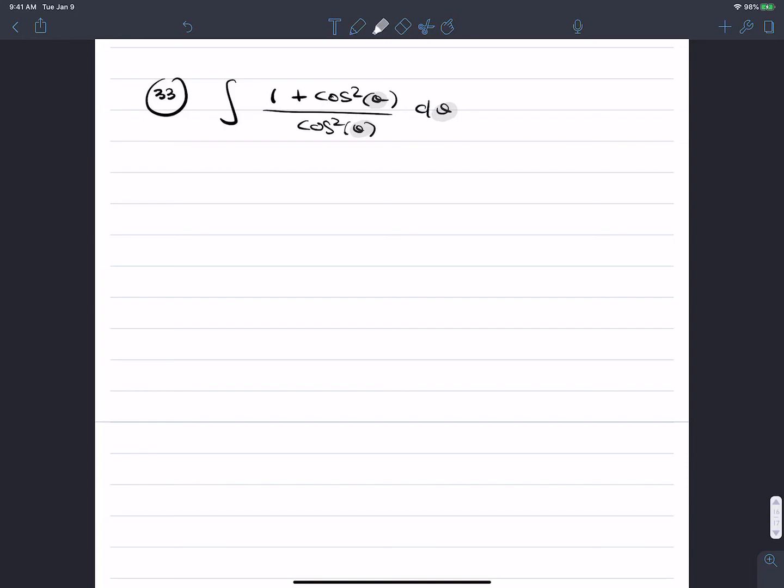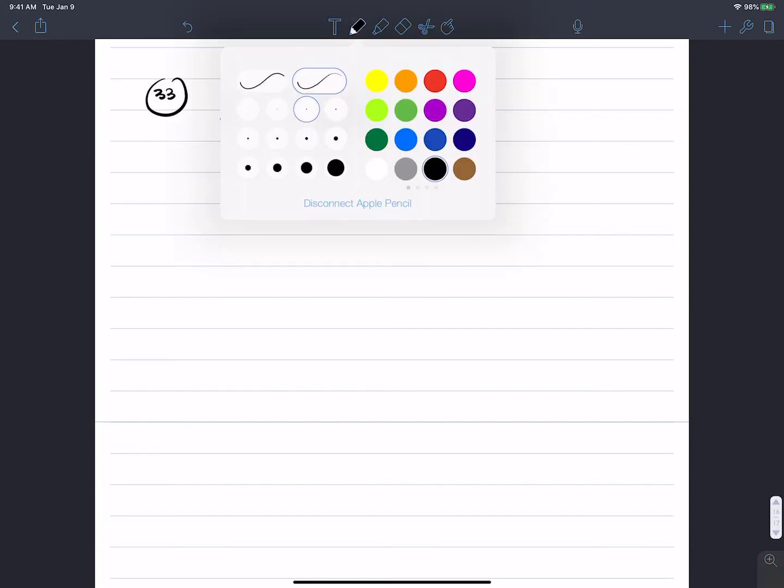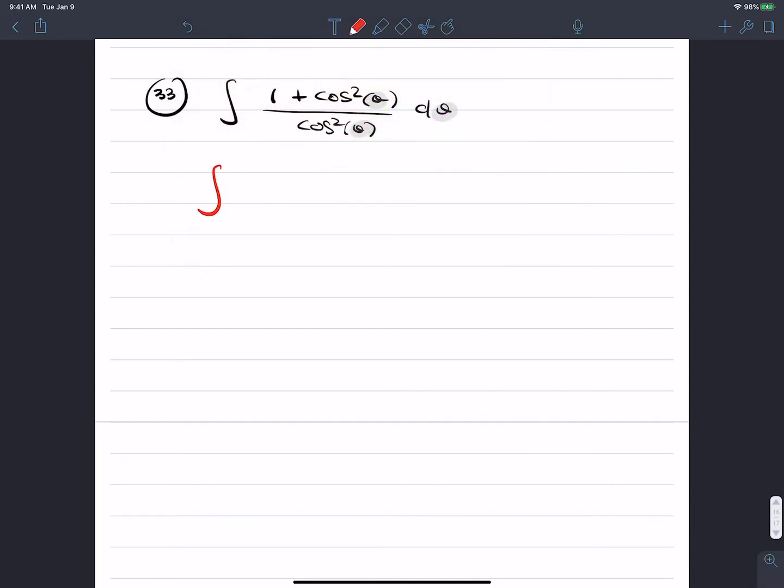Now, I want to remark again that you do not have a property that says the integral of a quotient is the quotient of integrals. That's not true.